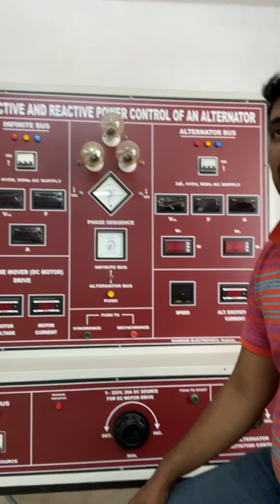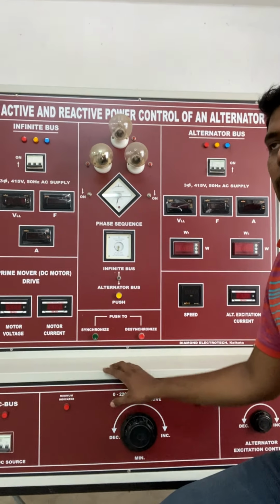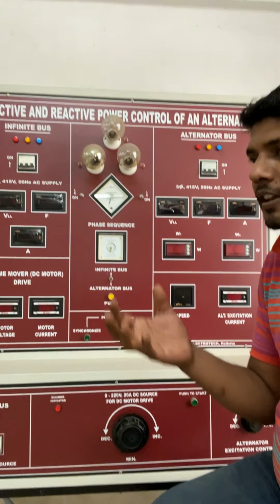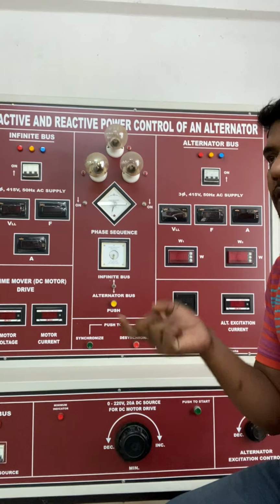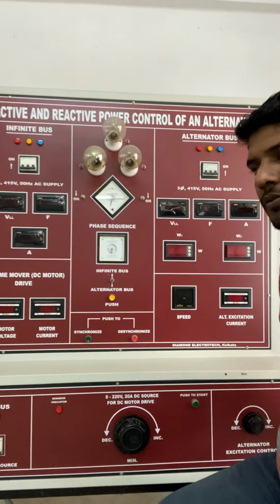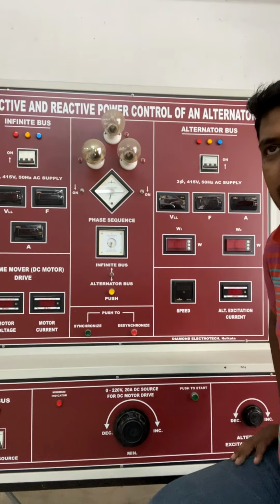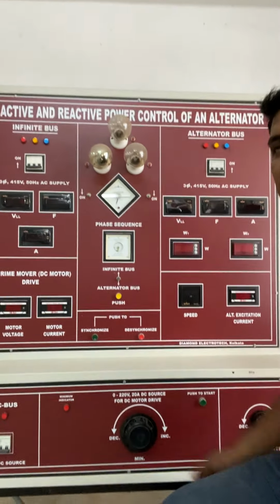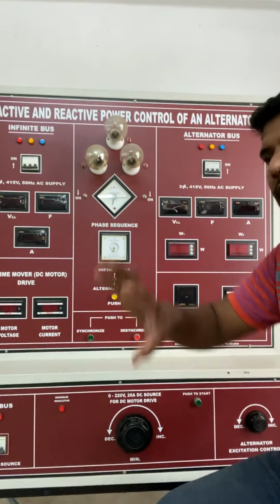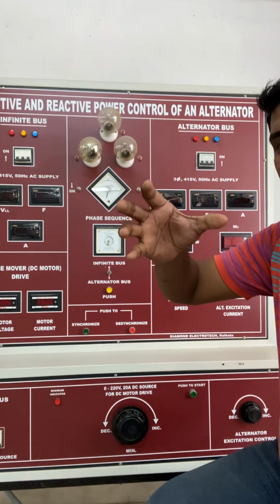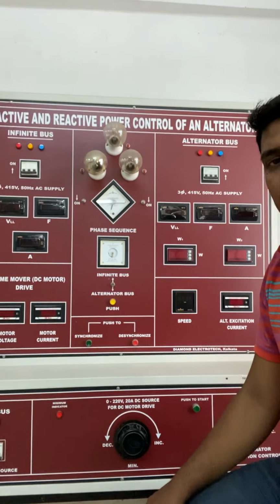Instead of delivering, it will start consuming. So there would be vibration at your motor and alternator, and there would be chances of the coupling breaking, the machine being dismantled, or heating up, as one tries to move and the other also tries to move. So damage possibilities would be more in such a case.